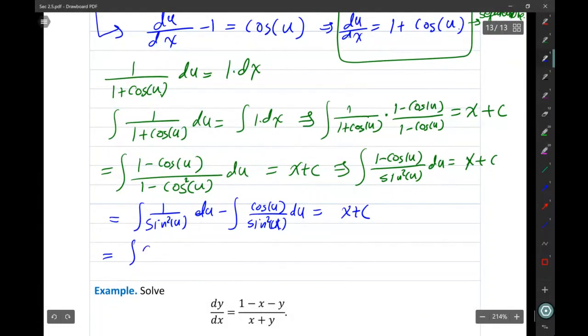This becomes the integral of cosecant square u minus cosine divided by sine, which is cotan. Then you will have left over 1 by sine, which is cosecant u. The du is equal to x plus c.